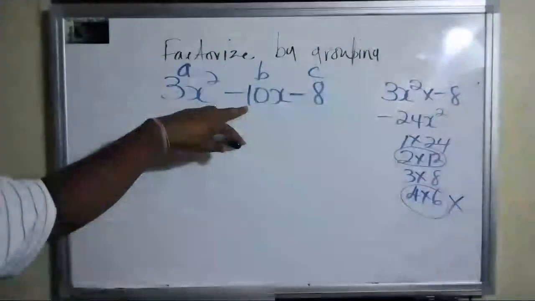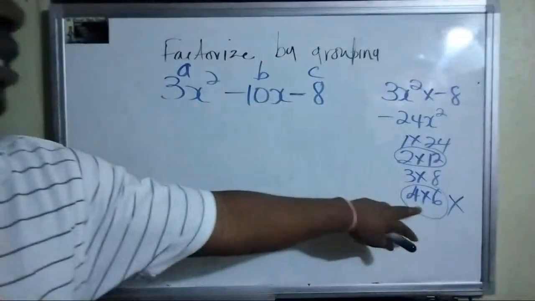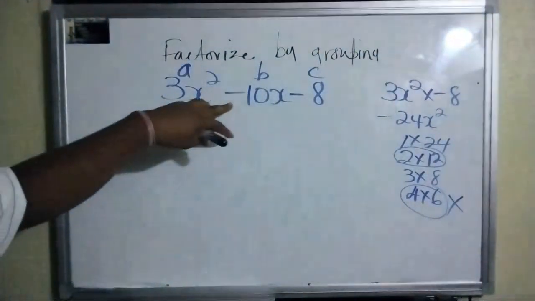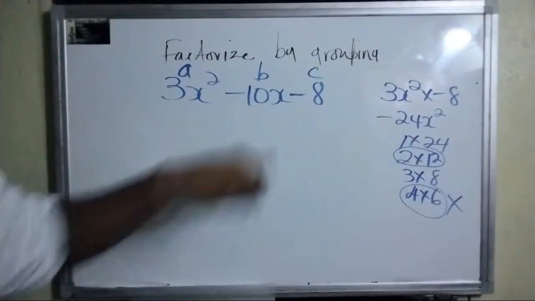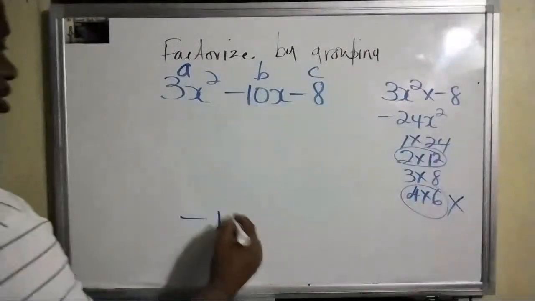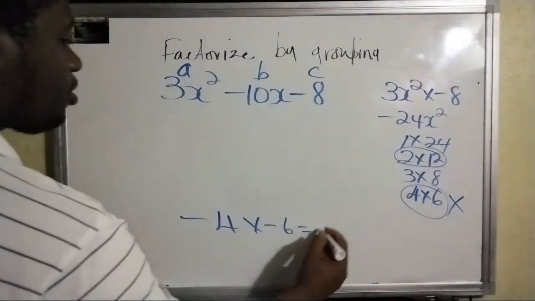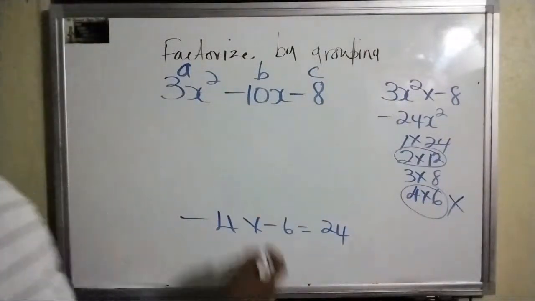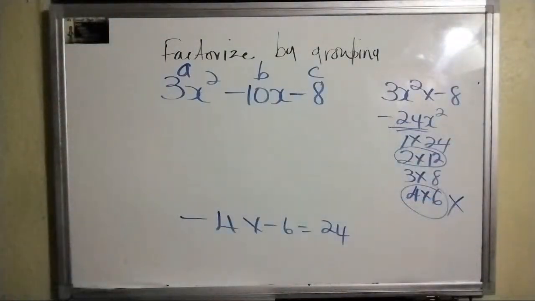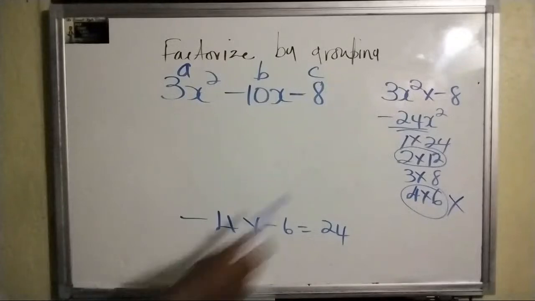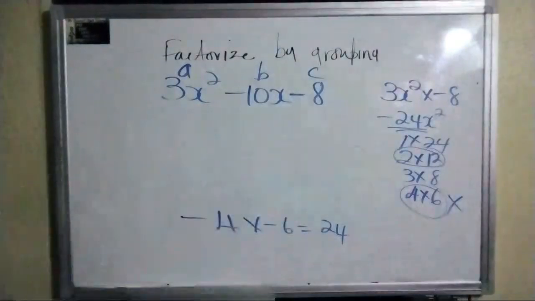Once they see the 10, they say 4 and 6, 10, and they light up and say, alright, negative 4 and negative 6. But negative 4 and negative 6 would give us positive 24. And remember, we're supposed to get a negative. So you see how important the sign is, guys? So we have to use 12 and 2.